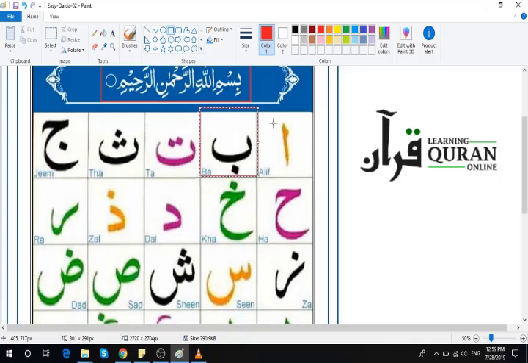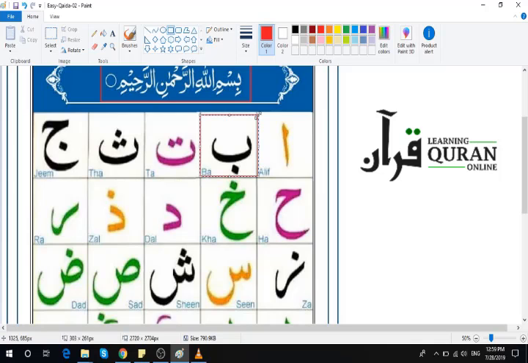If we want to write this letter in English, the spelling is B-A. As you can see at the bottom of this letter, there is B-A. This is the spelling if we want to write this letter in the English language. The letter name is ba.